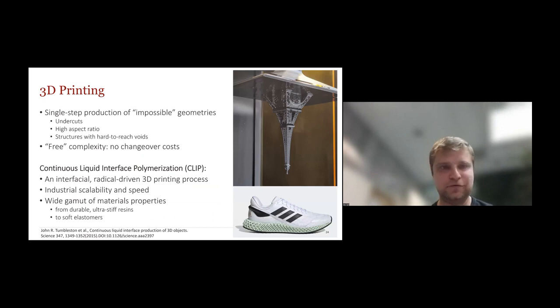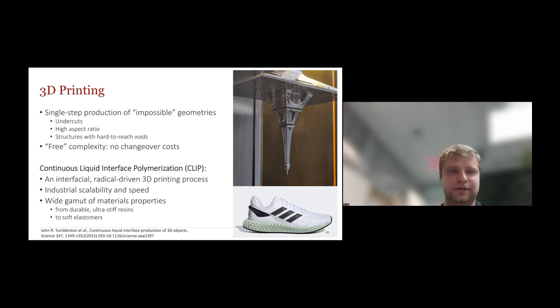So as a brief overview, 3D printing is a very active area of research. There are lots of hobbyist style 3D printers, which essentially melt plastic and deposit it into a shape of your design. I'm looking at what's called vat photopolymerization 3D printing. So this is more on the industrial scale.